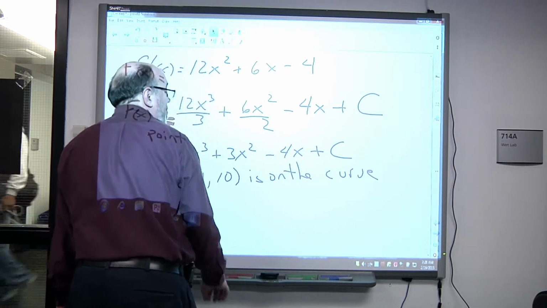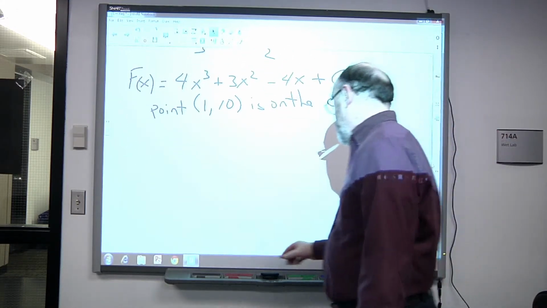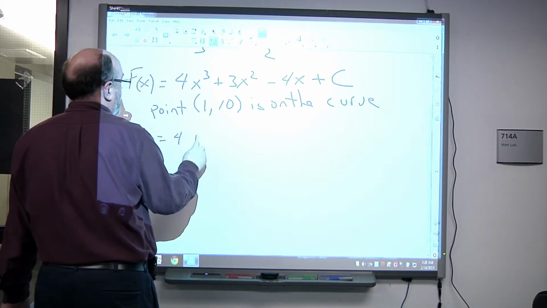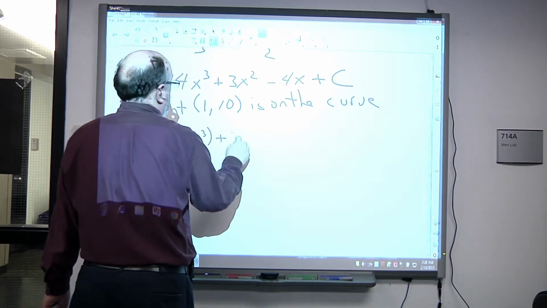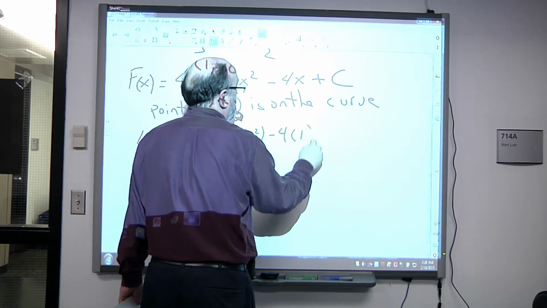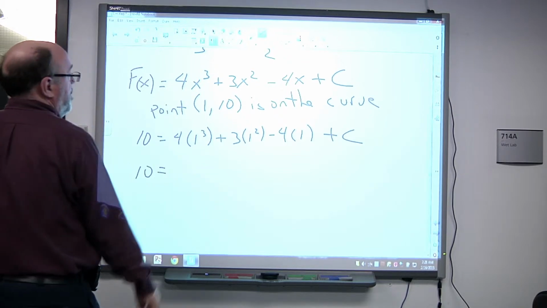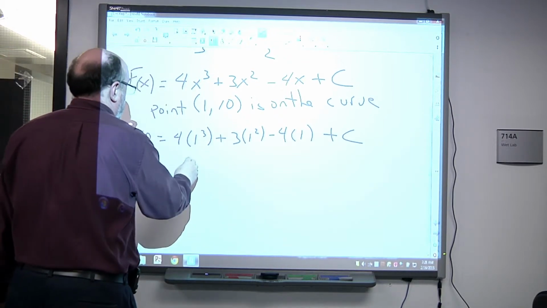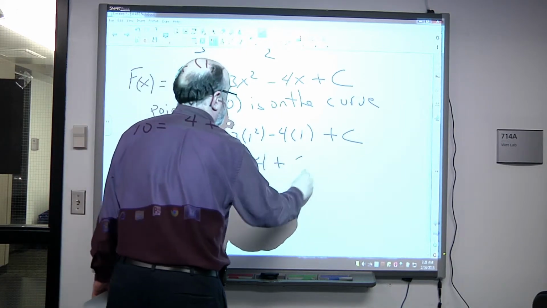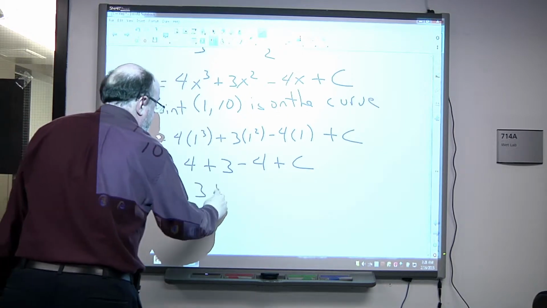So that means I'm now going to take those numbers and plug in. And so we're going to get that 10 equals 4 times 1 cubed, plus 3 times 1 squared, minus 4 times 1 plus c. So this is going to be 4 plus 3 minus 4 plus c. So 10 equals 3 plus c.